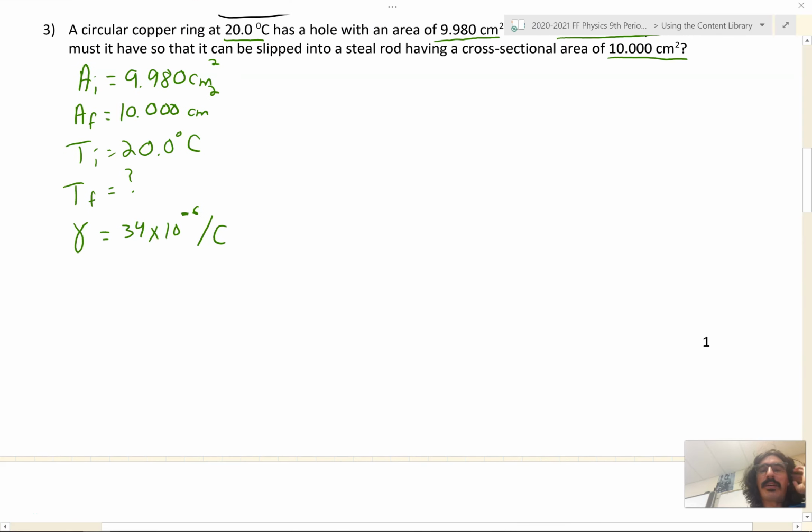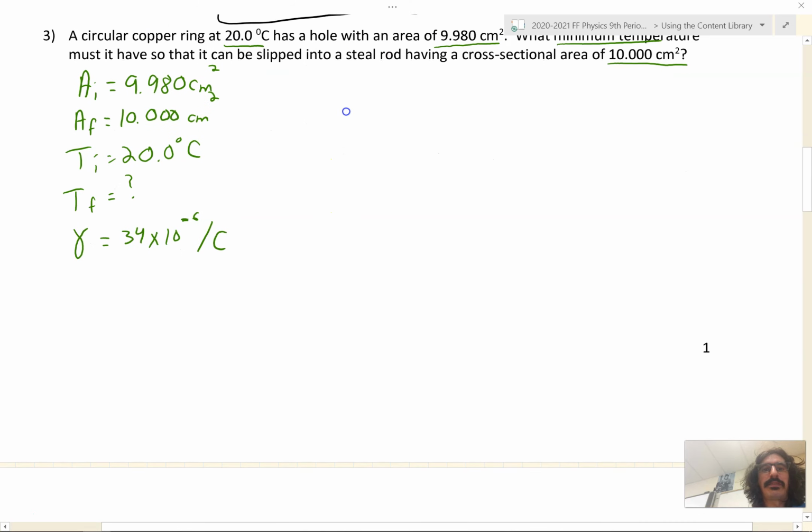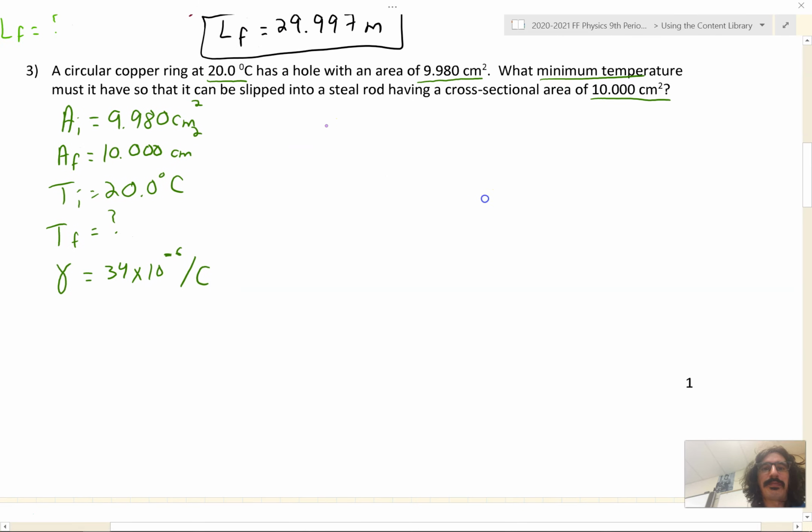Similar formula to the linear expansion. A sub F is equal to A sub I plus gamma A sub I delta T. Let's expand delta T, and let's just subtract A sub I over to do a couple things at once.